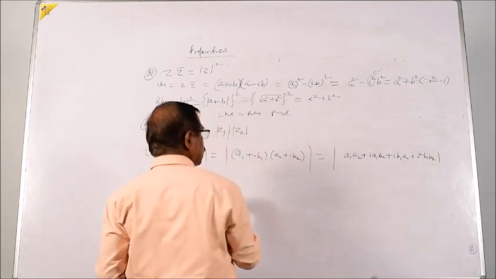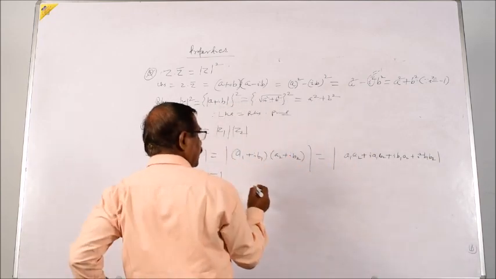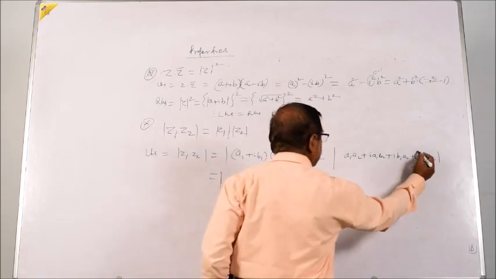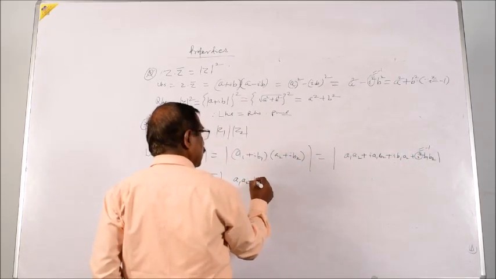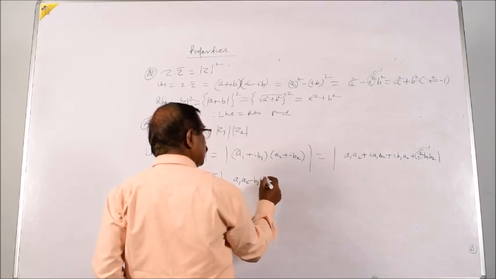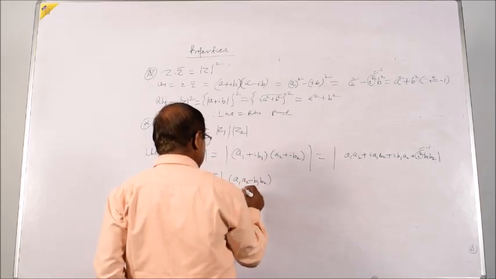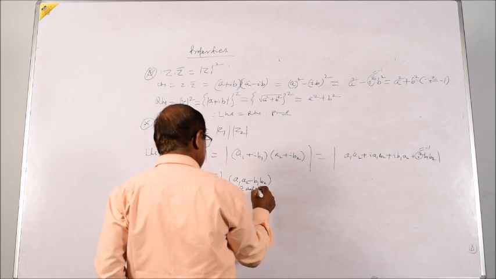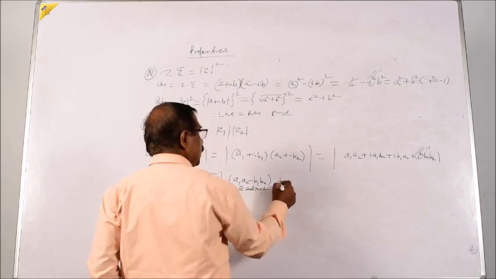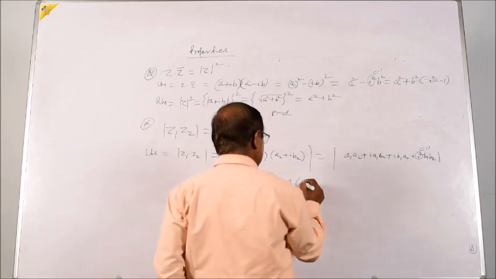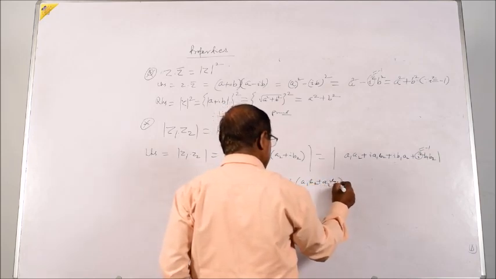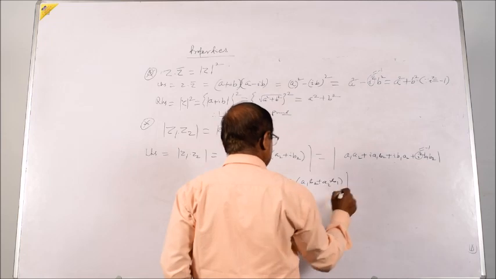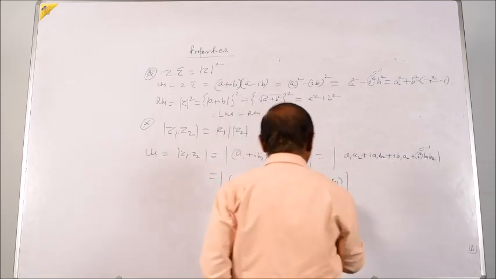Let us see, I have told you this i square is minus 1. So, this is a1 a2 minus b1 b2, this is the real part, plus i times a1 b2 plus a2 b1, this is the imaginary part.